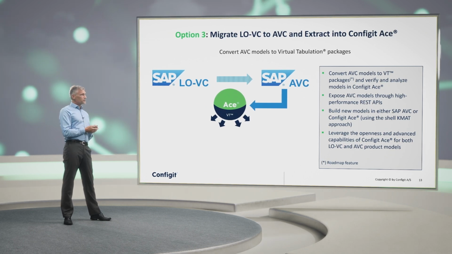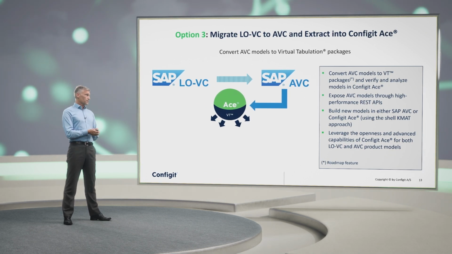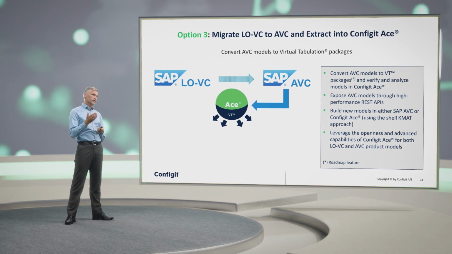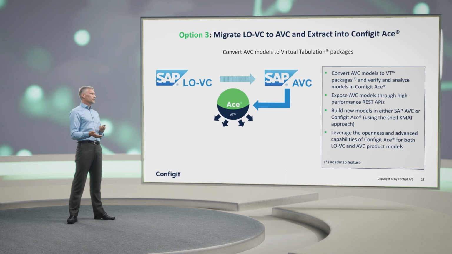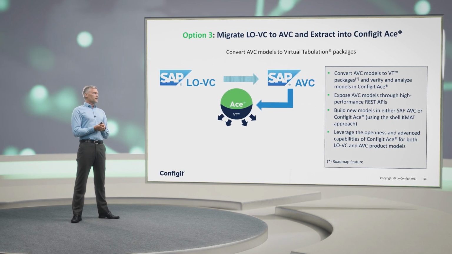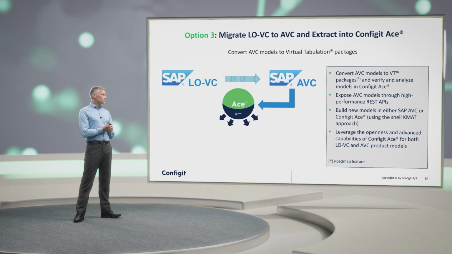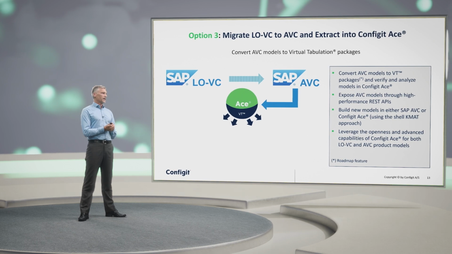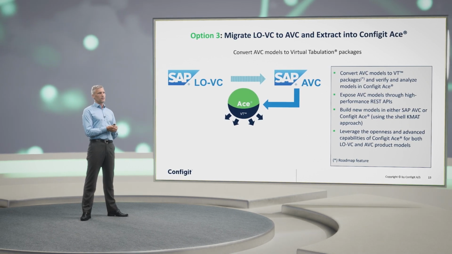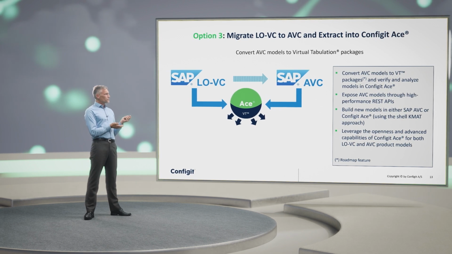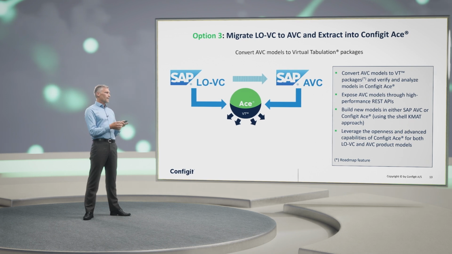The third option is similar to option 1, but here you basically extract the AVC models into ACE. You do that on an ongoing, continuous basis, and some of the reasons for doing that is that you get some good verification capabilities and fast runtime APIs. You can basically think of this as a combination also with option 1 and 2.